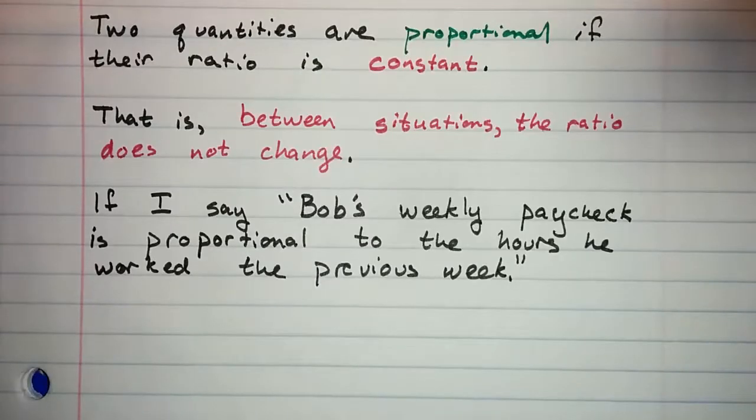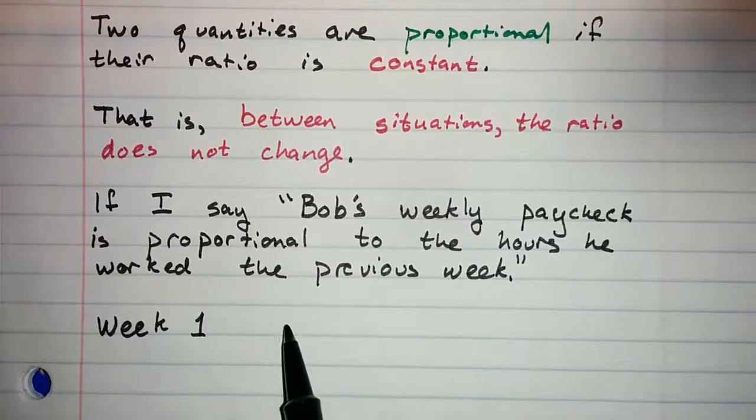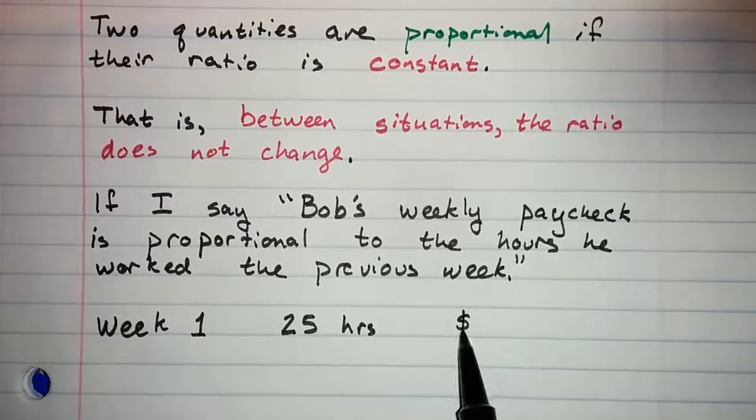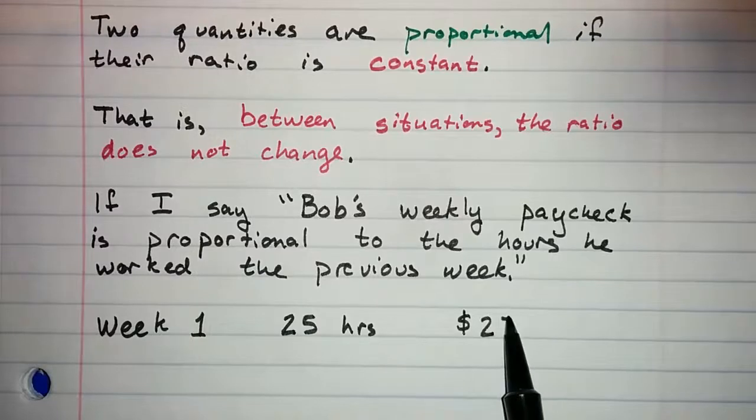So if I say Bob's weekly paycheck is proportional to the hours he worked the previous week, what does that mean? Well, suppose that in week 1, Bob works 25 hours and he earns $250.